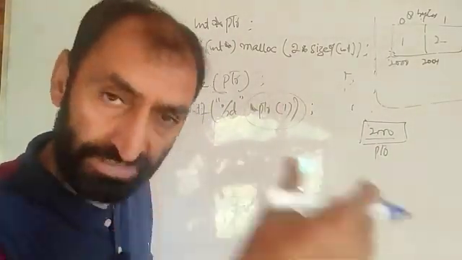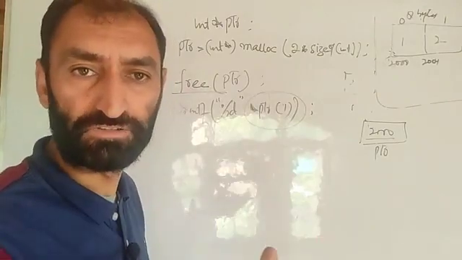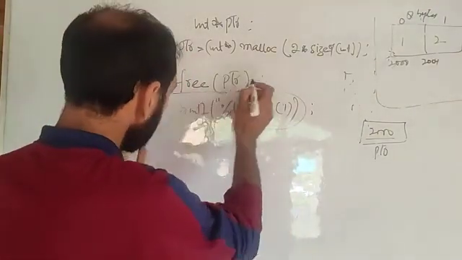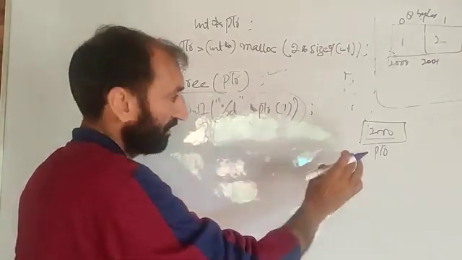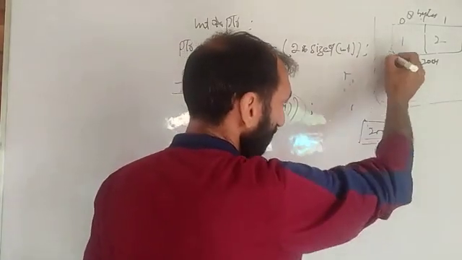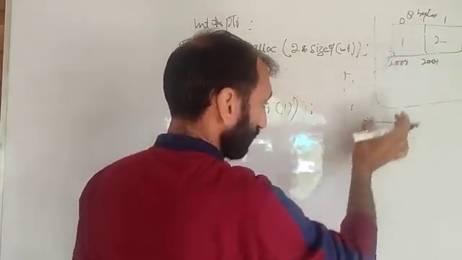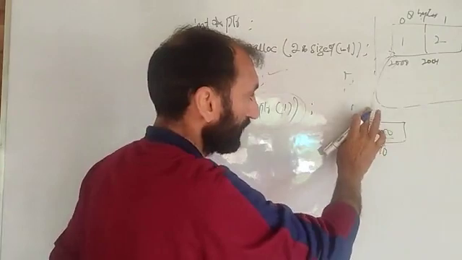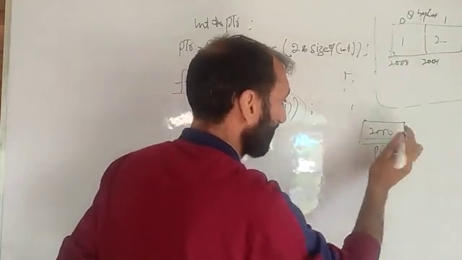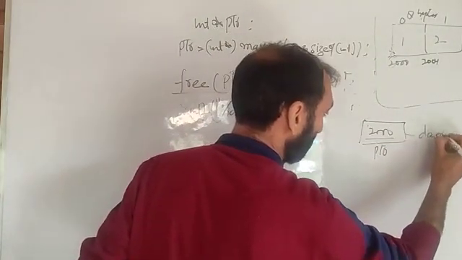We cannot dereference the pointer after freeing it. First, we have freed this PTR, which means this PTR is not connected to the memory location which was previously allocated dynamically. Now this PTR acts as a dangling pointer.